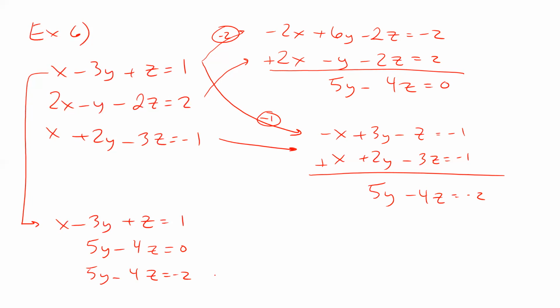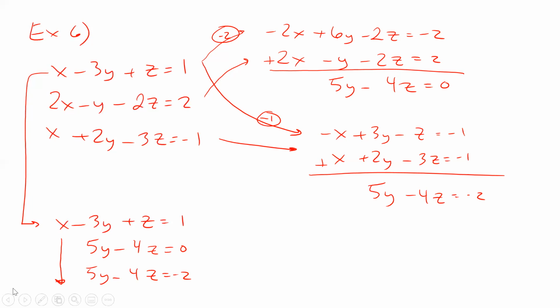Hold on, you should kind of notice something. That's weird. You can't have the same expression with variables equal to one number and then the same expression equal to another number. Something's going to be off. But notice we're just going to do the process. Do I have x, and did I eliminate all the x's underneath? I sure did. So now let's keep with the Gaussian elimination process. I'm going to create a new third equation.